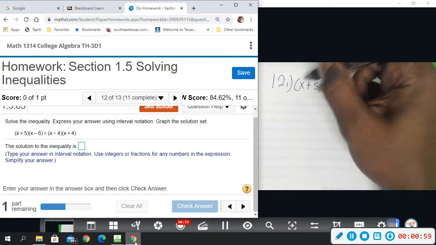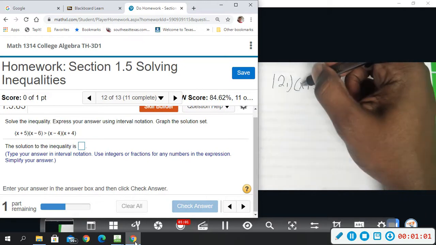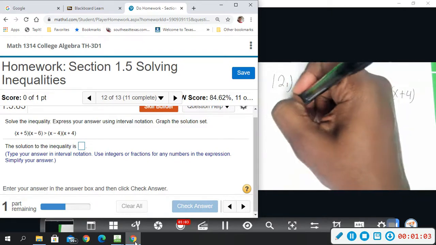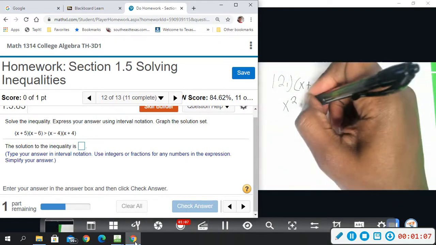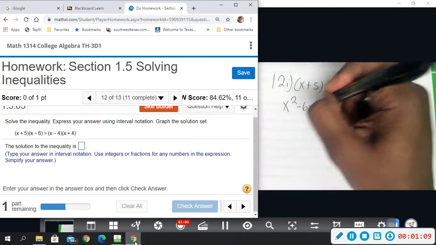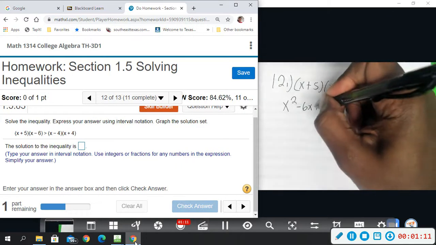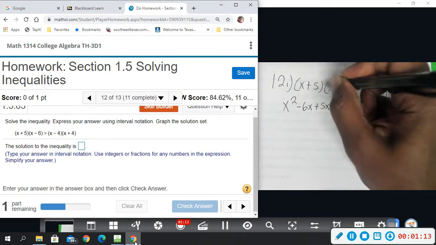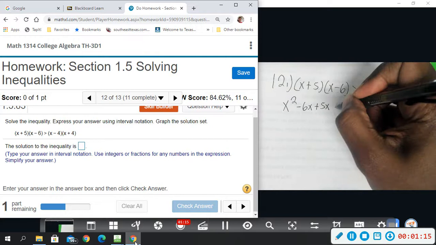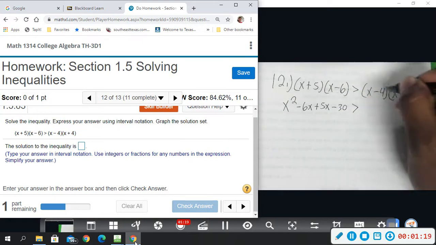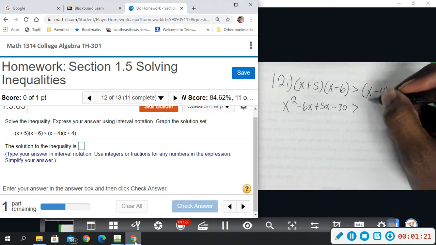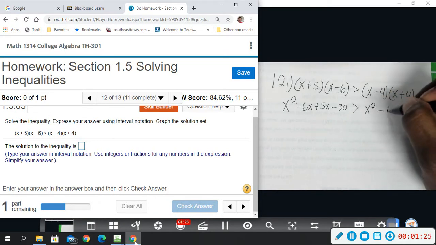So here we actually have to FOIL it out. x times x gives us x squared, x times a negative 6 is minus 6x, 5 times x is plus 5x, and 5 times negative 6 is negative 30. On the right hand side, we will end up with x squared minus 16.